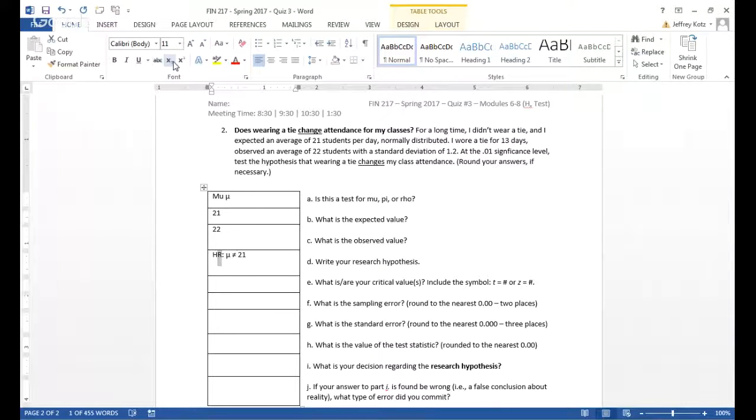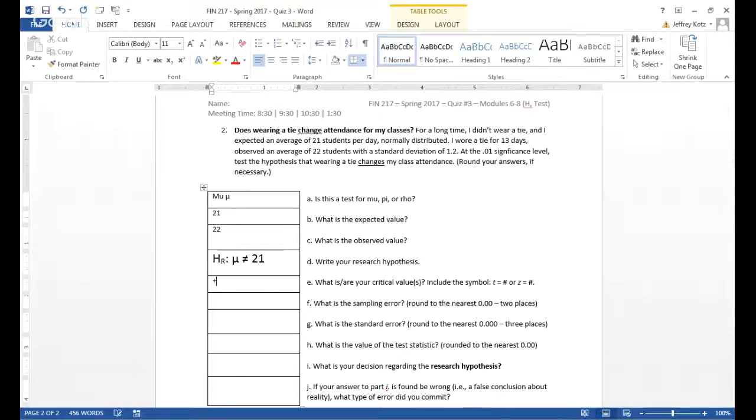This is Jeff being pretty bad at his keyboard shortcuts. I need to know those things, but actually I think that's Control minus. It's a different shortcut for different interfaces. Boom. That's my research hypothesis, that the true average number of students per day when I wear a tie is different from what I expect.